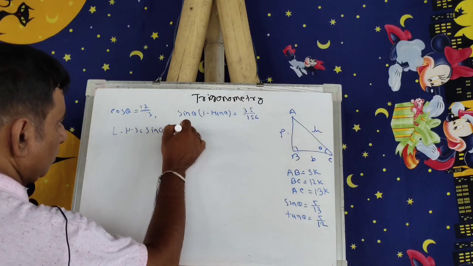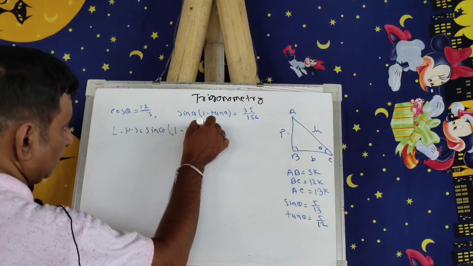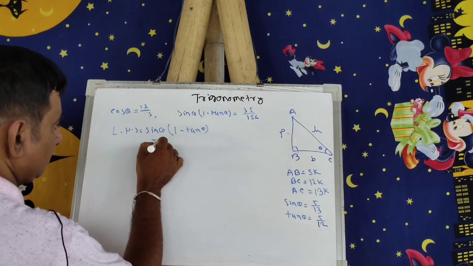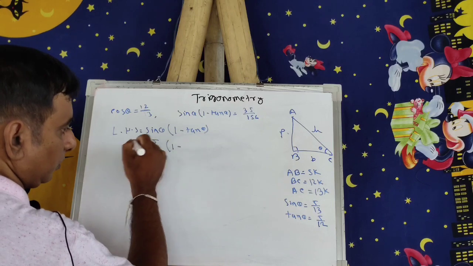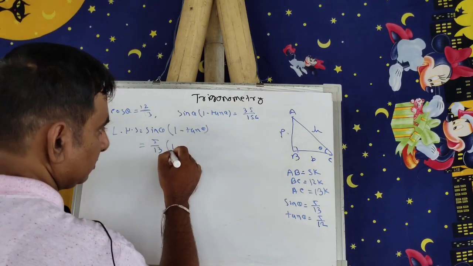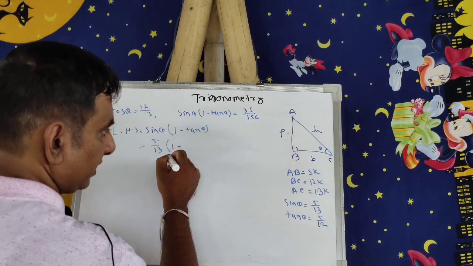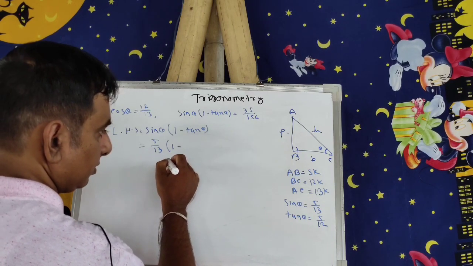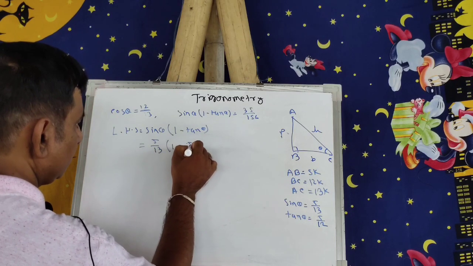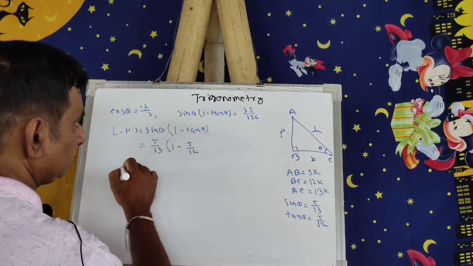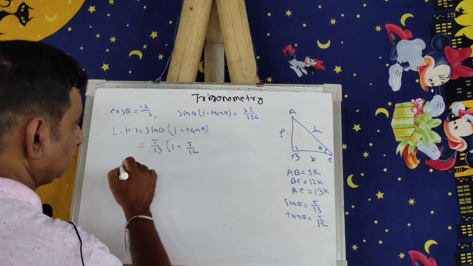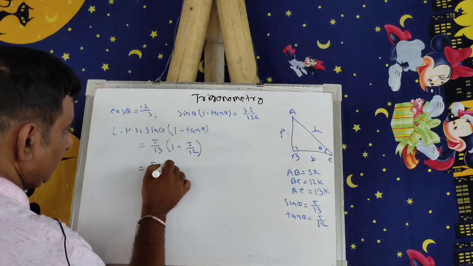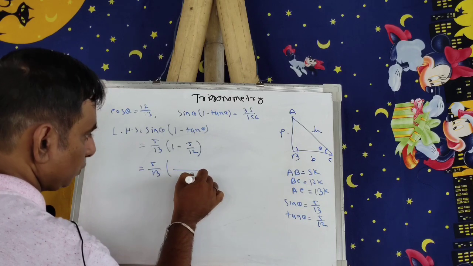Now, sin theta into 1 minus tan theta is equal to 5 by 13 into 1 minus 5 by 12, is equal to 5 by 13 into, take the LCM as 12.